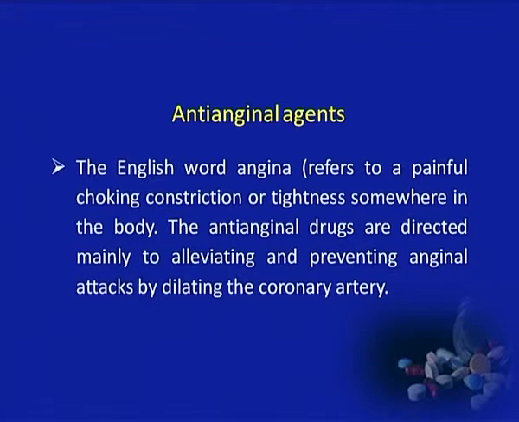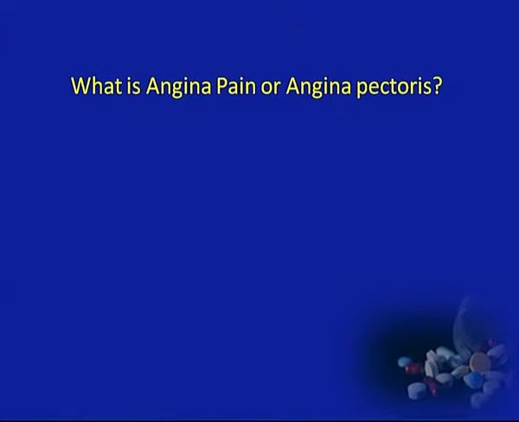Anti-anginal agents. The English word angina refers to a painful, choking constriction or tightness somewhere in the body. The anti-anginal drugs are directed mainly to alleviating and preventing anginal attacks by dilating the coronary artery. Let us check what angina pain or angina pectoris is.